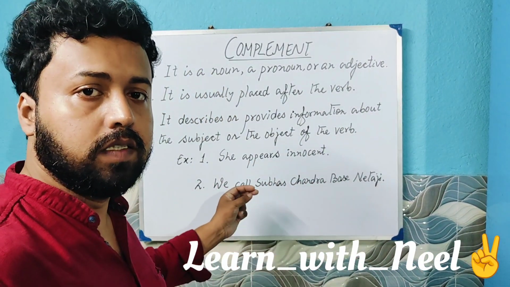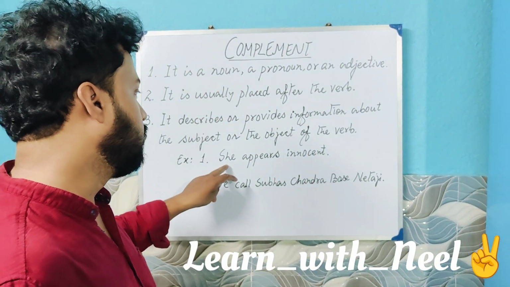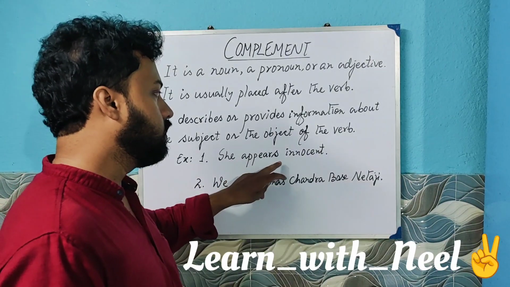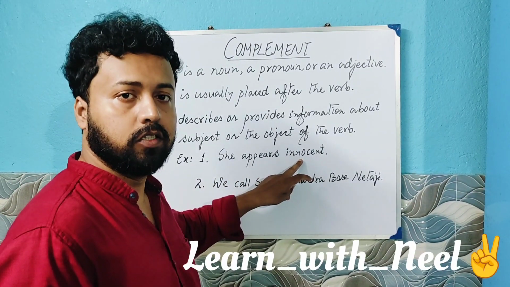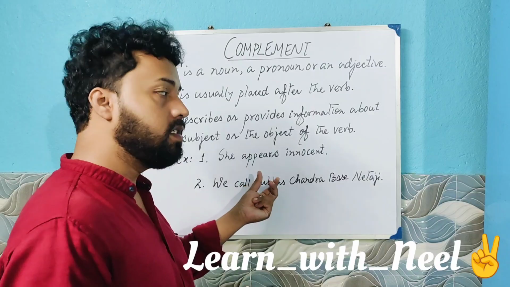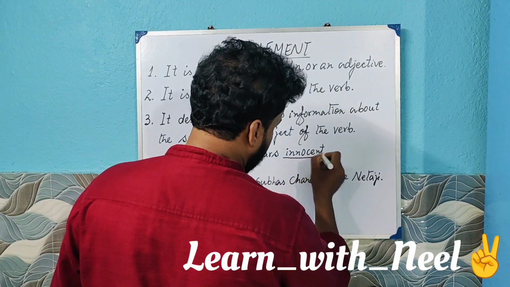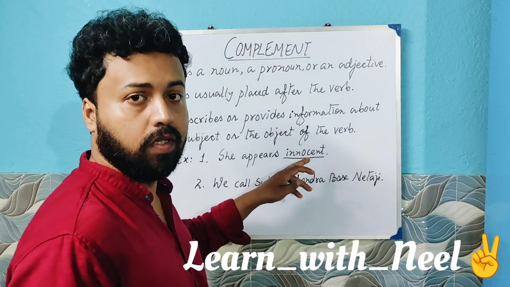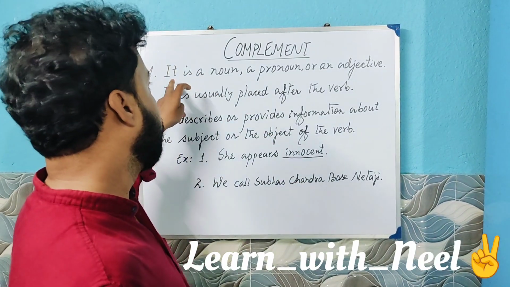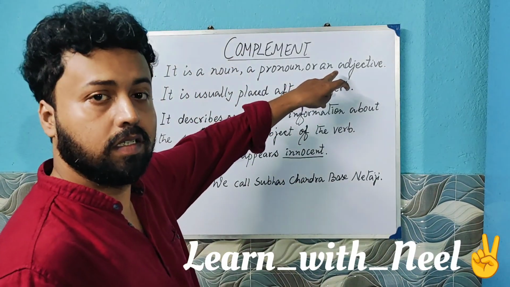Let's look at these two examples. The first one says, she appears innocent. She appears means she seems innocent. Look at this word. Innocent is an adjective, right? So the first trait of a complement matches.